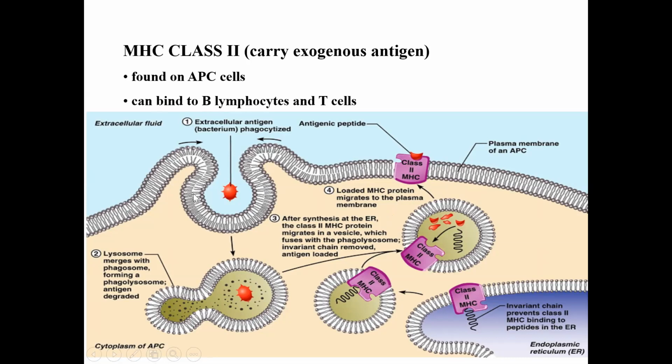Let's say this is a macrophage engulfing a bacterium, and then lysozyme will destroy this bacterium. Once you destroy the bacterium, you're going to generate a lot of peptide fragments. A part of these fragments is going to get stuck on MHC2 and then travel to the surface. So now you see this macrophage is going to have MHC2 with a fragment from this bacterium.